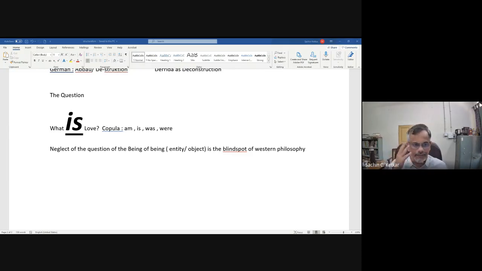It's part of our vision and sight that we don't know that it exists. हमें पता ही नहीं है कि वो एग्जिस्ट करता है. That is called blind spot. You don't know that you don't know.